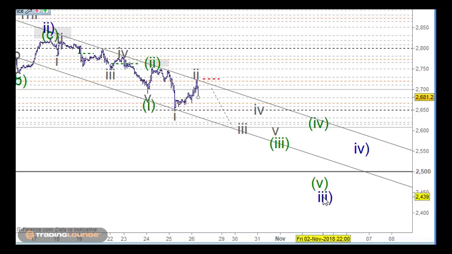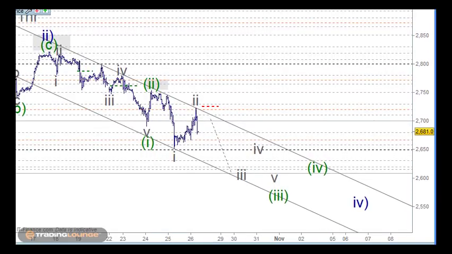So that's it really. So let's just stay with the trend until we get some evidence that there's a change in this trend, and that evidence would be jumping out of this trend channel here and taking this high out of here. So that's it really, and this will be the same for the NASDAQ as well.